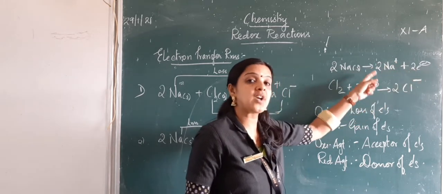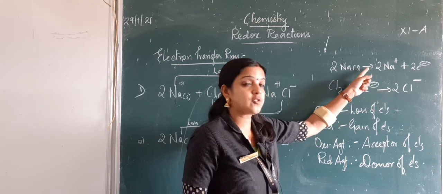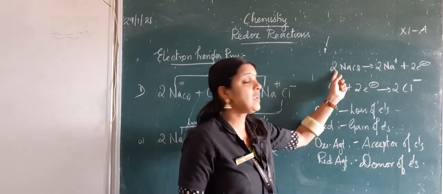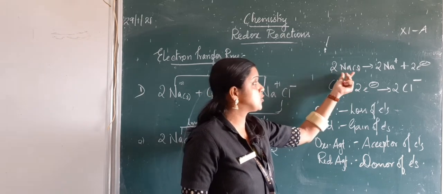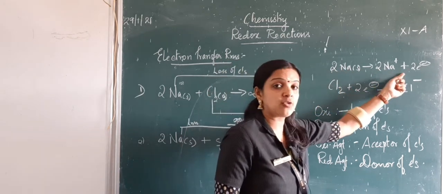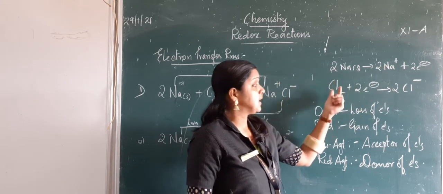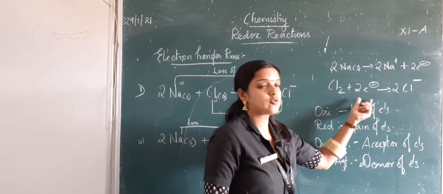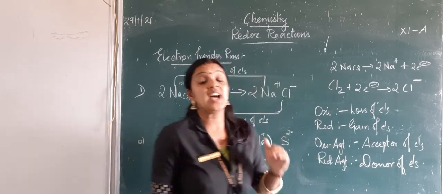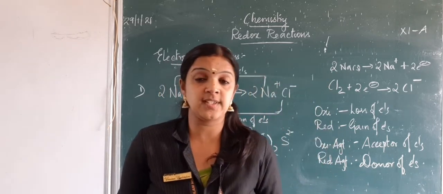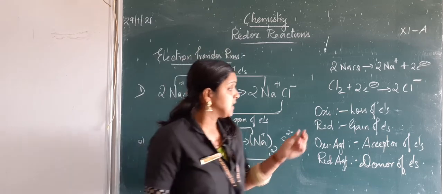To balance the charges, that is the number of electrons lost and gained, we balance the equation by multiplying by 2. So sodium loses electron to become Na+, chlorine accepts the electrons to become Cl-. These are called the half cell reactions or half reactions.